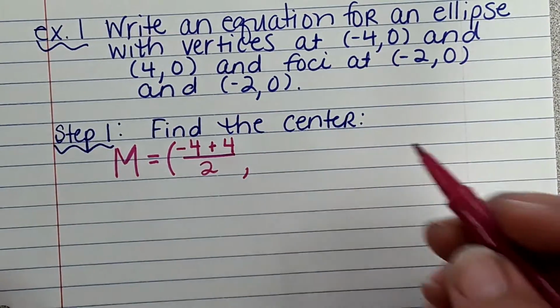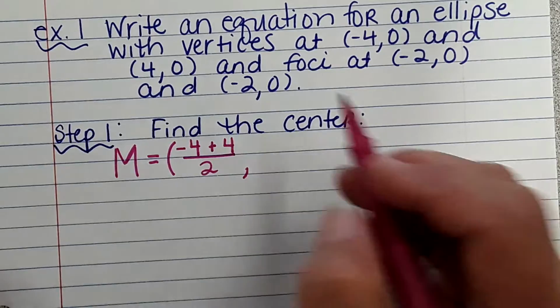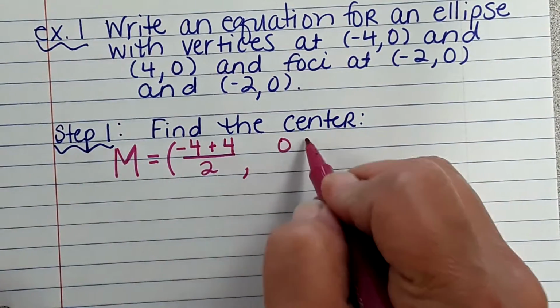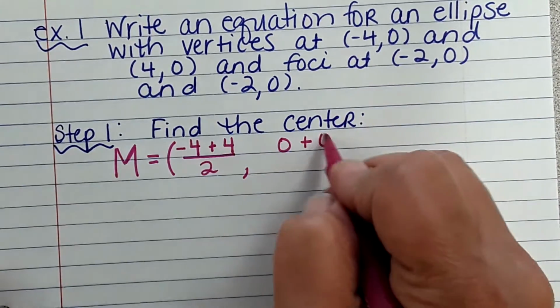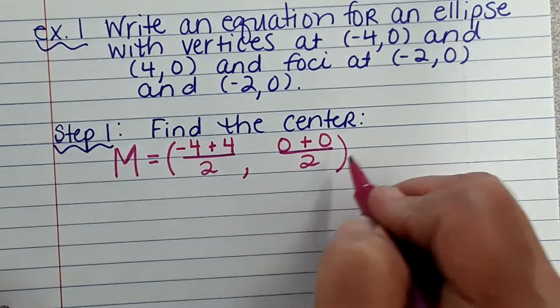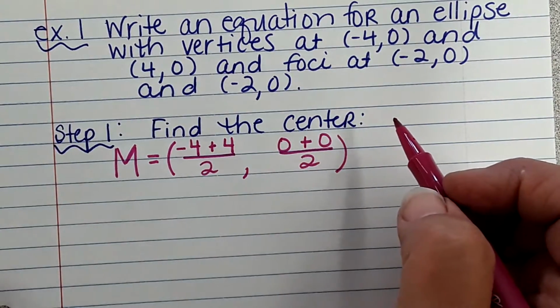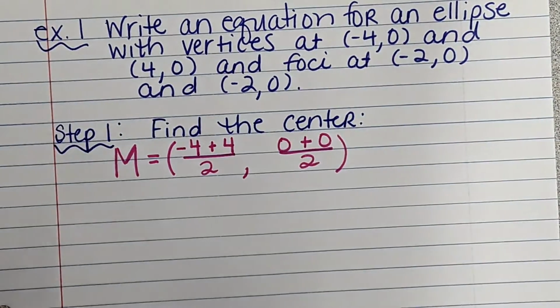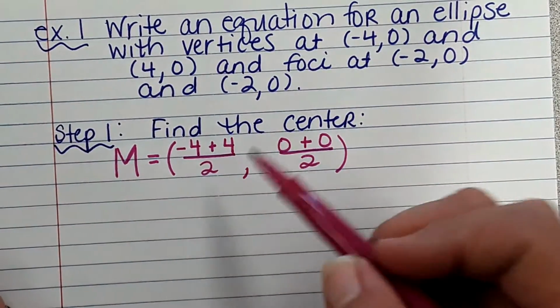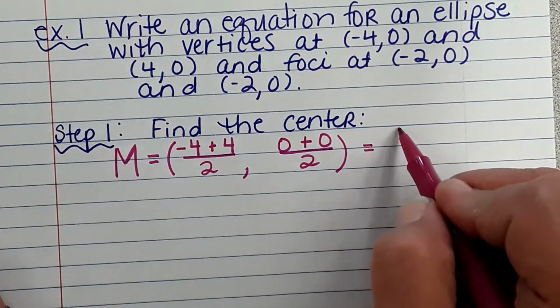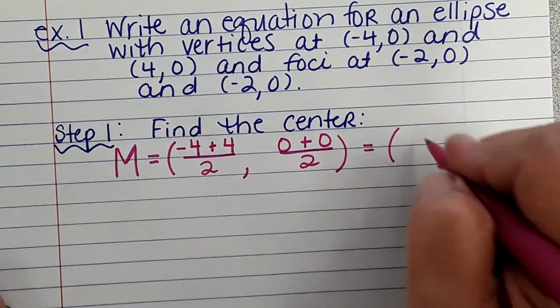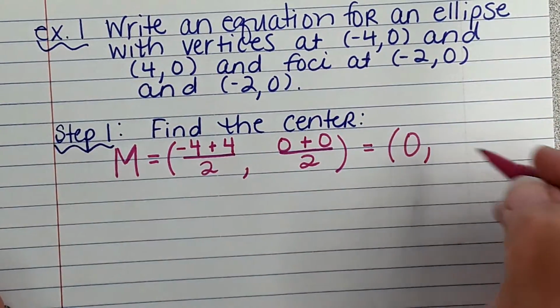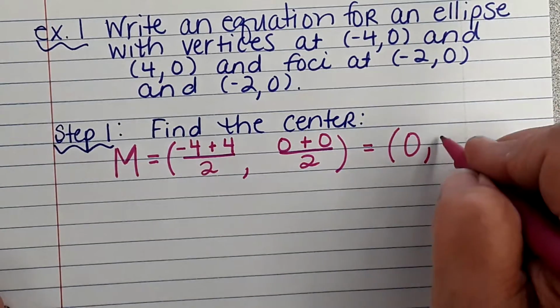What is my y1 value? 0. What's my y2 value? 0. And we're going to divide by 2. That's the midpoint. In order to find the center, you always find the midpoint. -4 plus 4 is 0. What's 0 divided by 2? 0 plus 0 divided by 2.